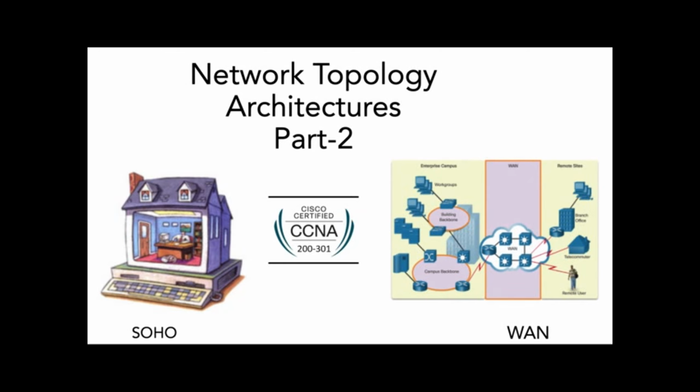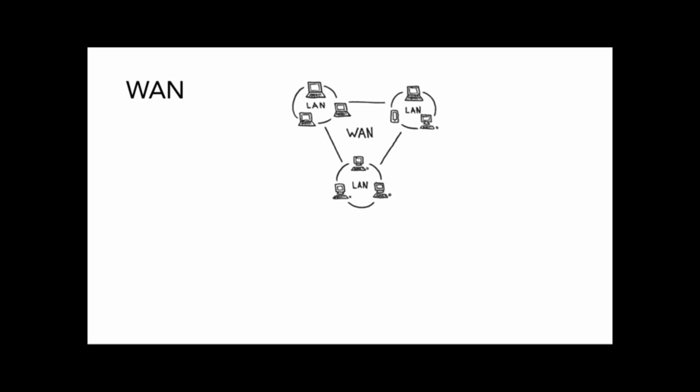In this session, I'll discuss network topology architecture such as WAN architecture or SOHO architecture. WAN, also known as Wide Area Network, in its simplest form is a collection of LANs or other networks that communicate with one another.